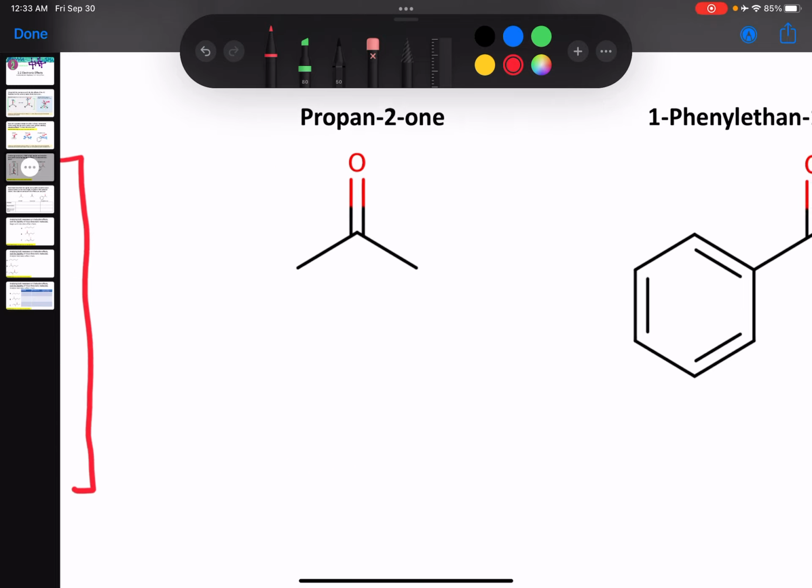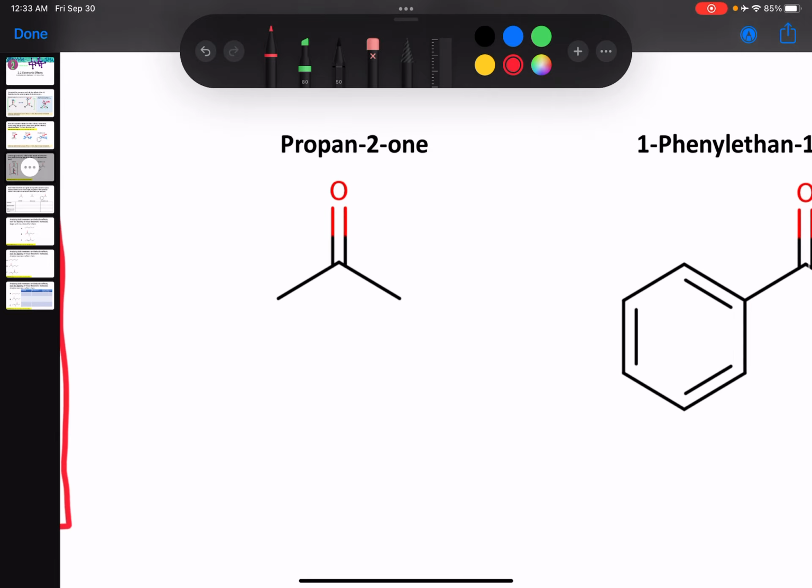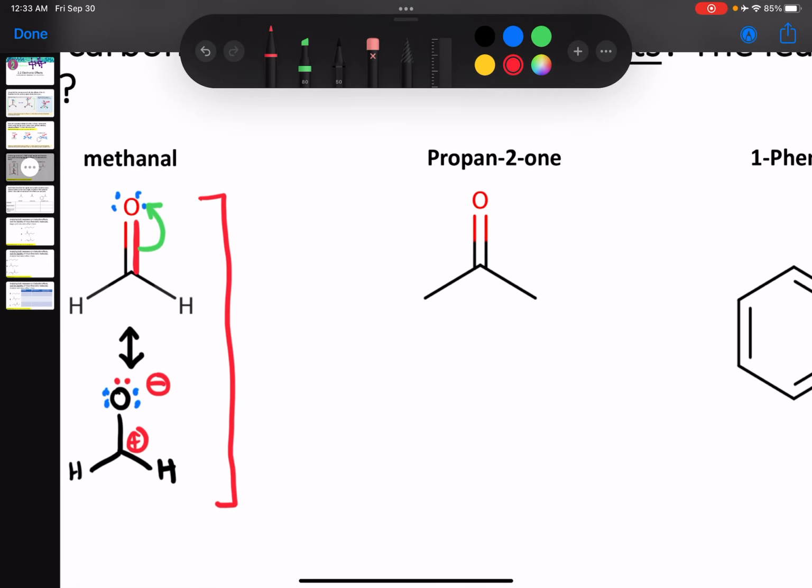And for all of these, since they all contain that carbonyl carbon functional group, they can all exhibit the same kind of resonance structure.